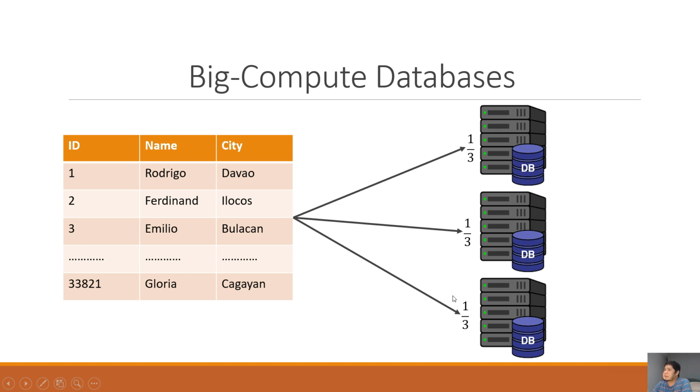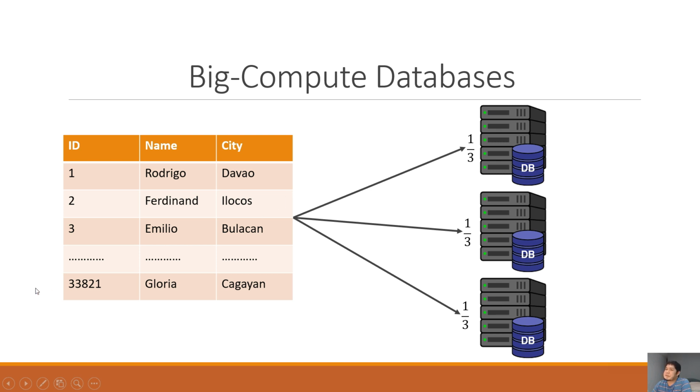One third each. The problem with this implementation of big compute databases, although it is faster because the processing is clustered, is what happens whenever the master database fails. Yes, the data can still be accessed because all the data in the master database are in these three nodes, so if all three are available, the transaction can still be completed.